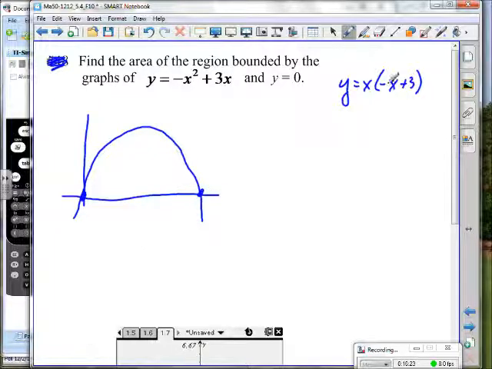I can find those if I set this equal to 0, and I have it at 0, and it's at 3. So I now know the area I want. How do I write that as a definite integral?